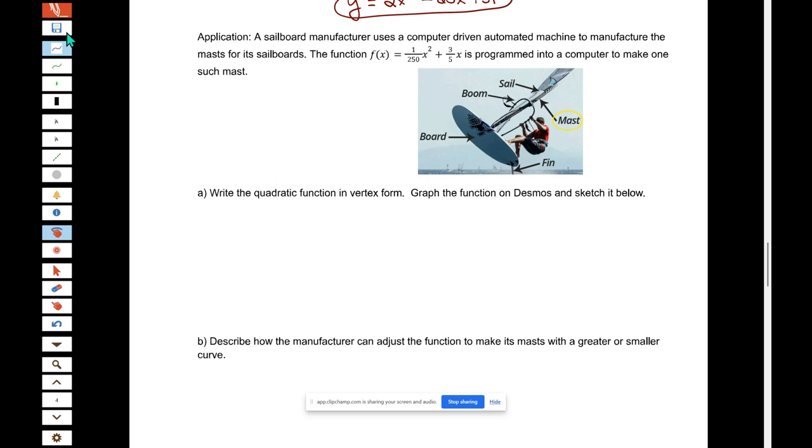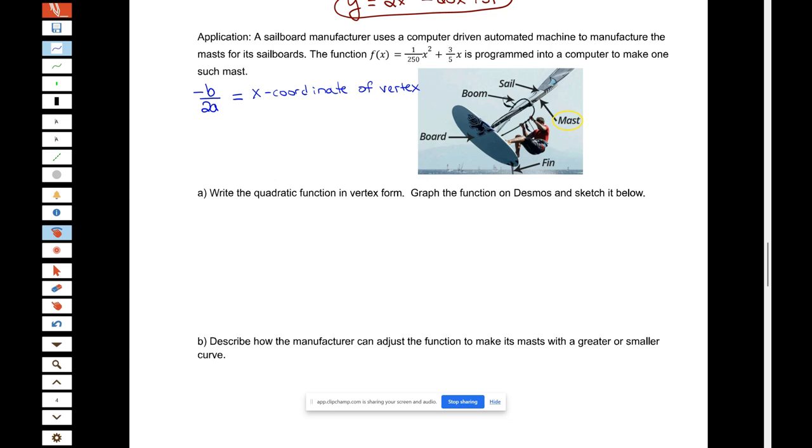If writing it in vertex form, you can complete the square, but there's another way you can get the vertex that I don't want you to forget. Negative b over 2a gives us the x coordinate of the vertex. I would not recommend doing this one by completing the square because it would be a little too nuts.